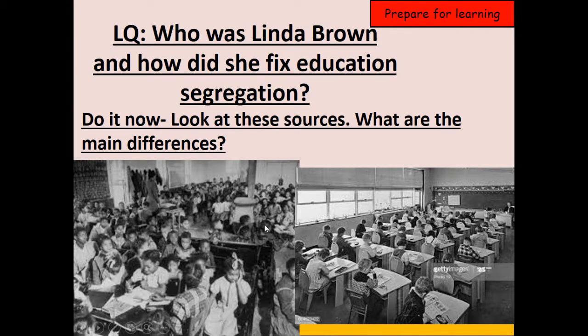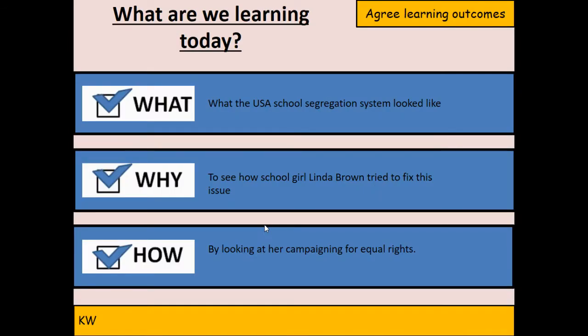Now, that's not fair. Every child should be created equally, should be educated equally. So we're going to have a look at that today. We're going to look at Linda Brown and how she put education and the ability to mix children to have the same level of education in America, and how she succeeded.